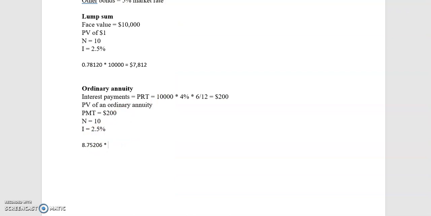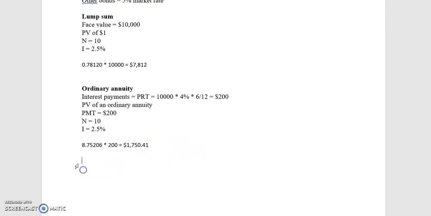And again, we want to multiply it by our payment. If we take our $200 payment and multiply it by 8.75206, we find that the present value of all of those 10 $200 payments is $1,750 and approximately 41 cents.